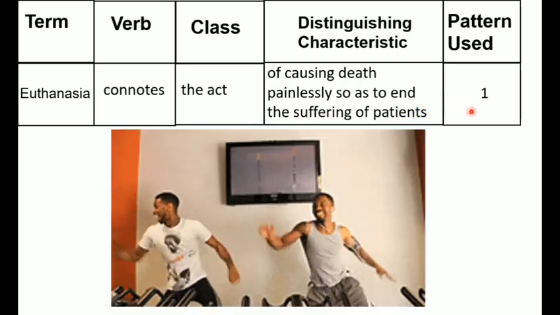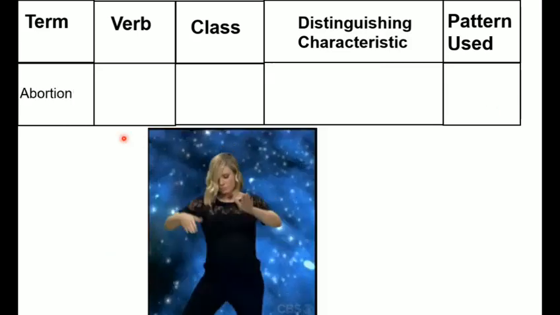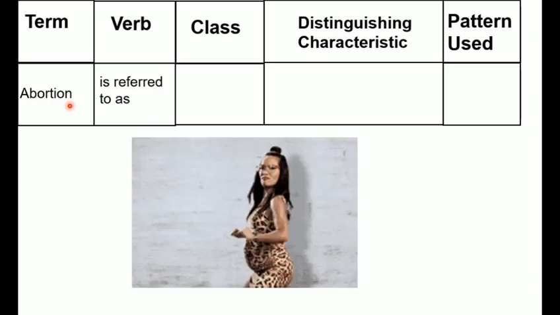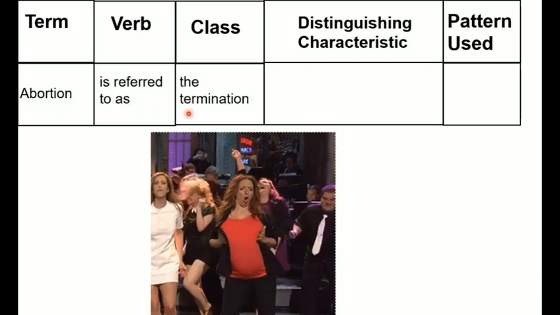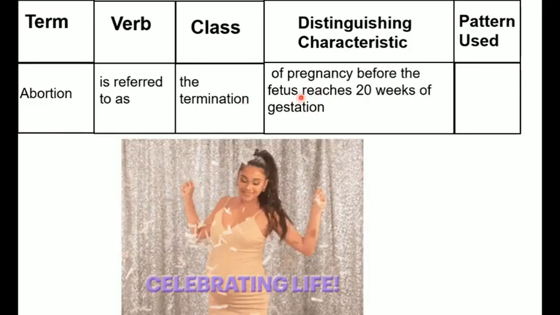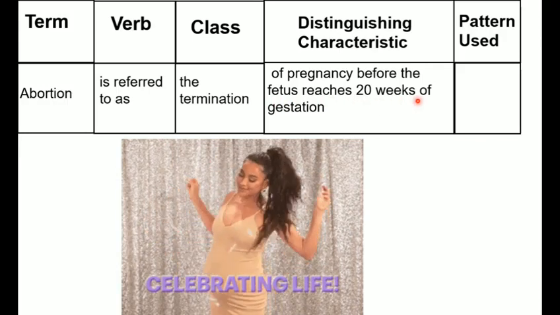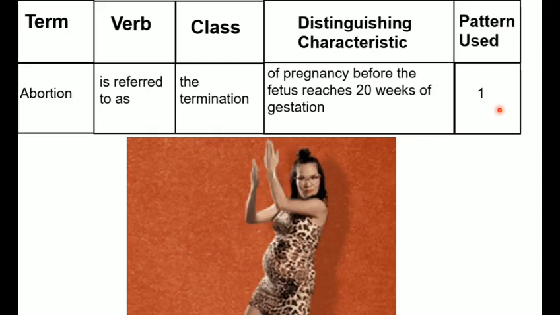And the pattern used is pattern 1. Okay. Next term, abortion. The verb here is referred to as. Class, the termination, distinguishing characteristic of pregnancy before the fetus reaches 20 weeks of gestation. And the pattern used is pattern 1.